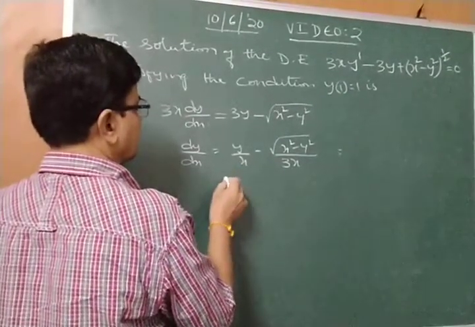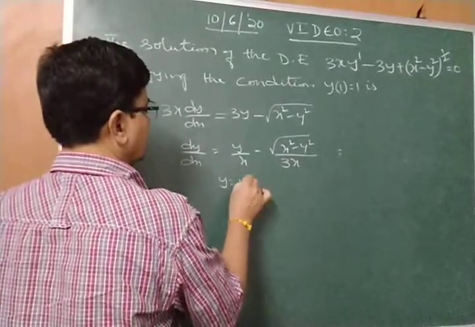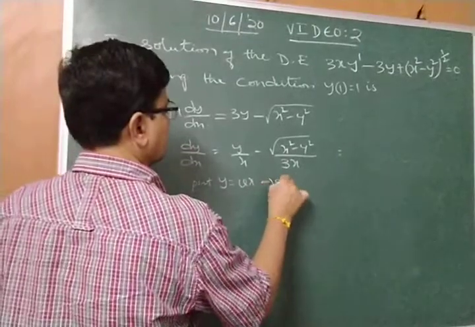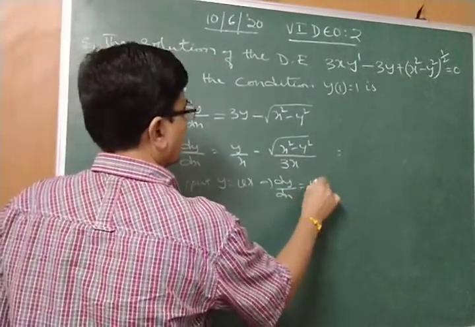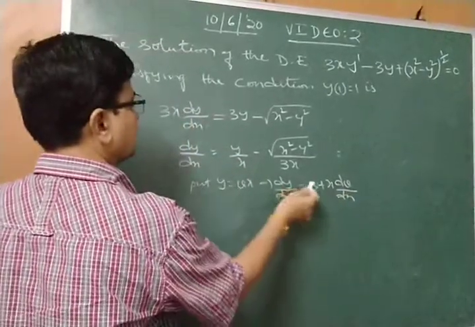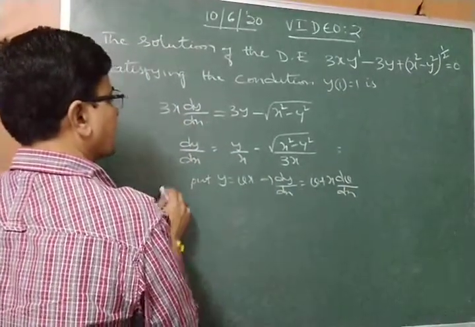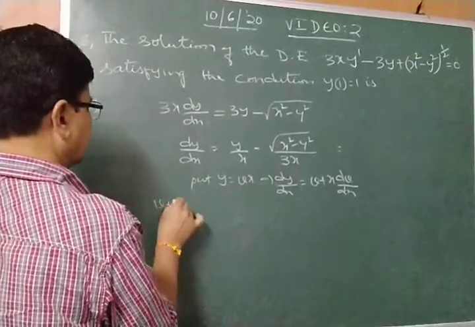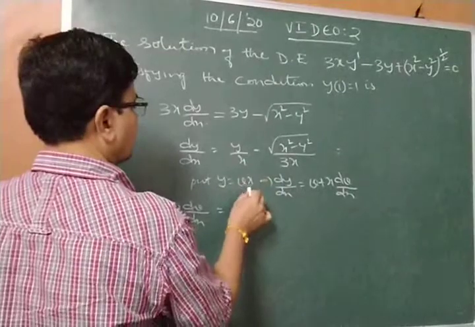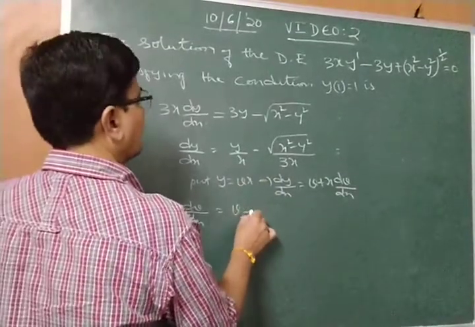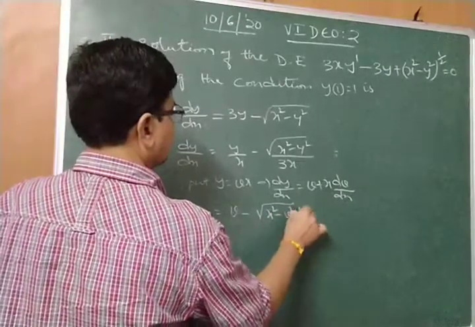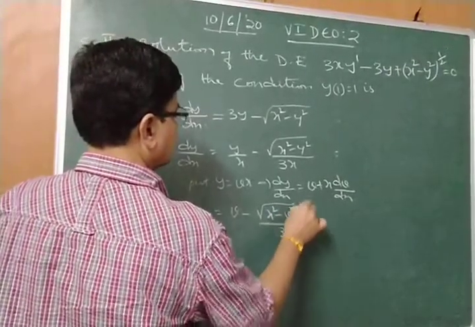Homogeneous equations can be solved by taking y is equal to vx. Put y is equal to vx. So that implies dy by dx is equal to v plus x into dv by dx. So substituting these values in this equation, v plus x dv by dx is equal to y by x, meaning v, minus the square root of x square minus v square x square by 3x.